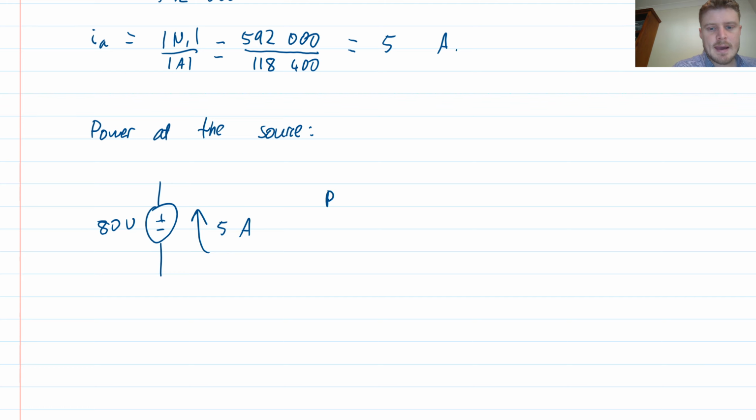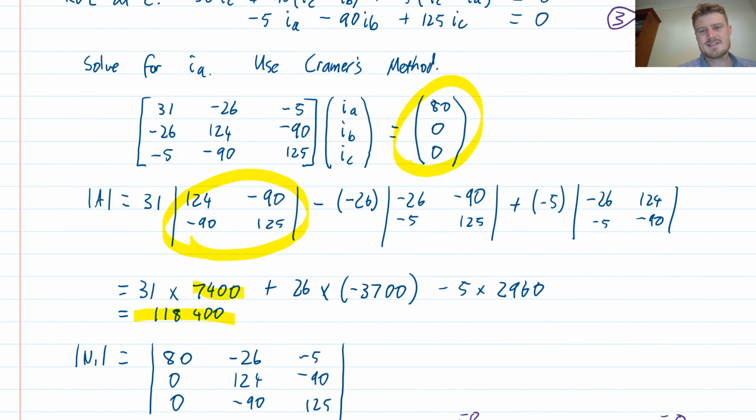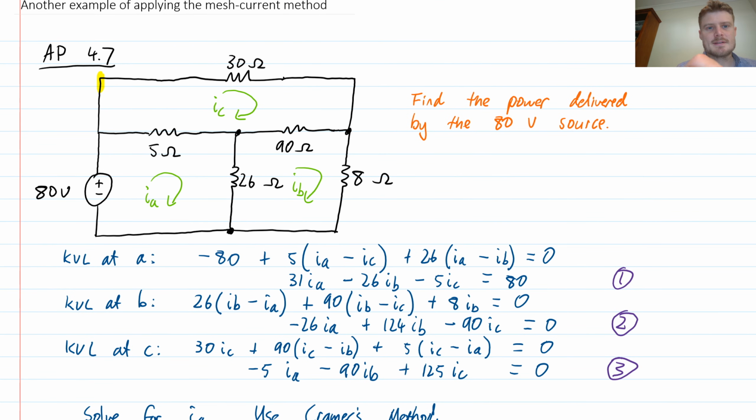The current enters the negative terminal, so the power is going to be negative 80 times 5. If you weren't sure about the negative, you can just see it's obvious. This is the only place that power can possibly be injected into the circuit, so obviously it has to be negative by the passive sign convention.